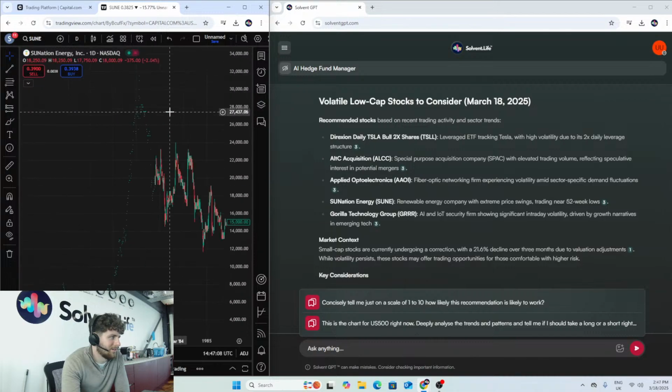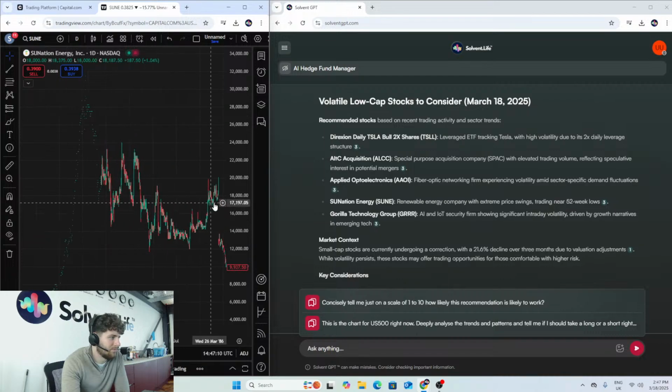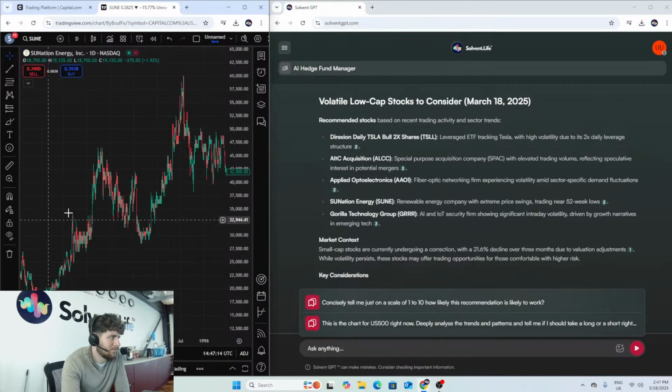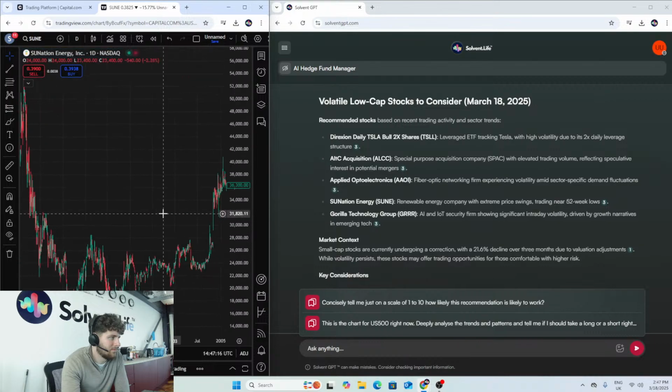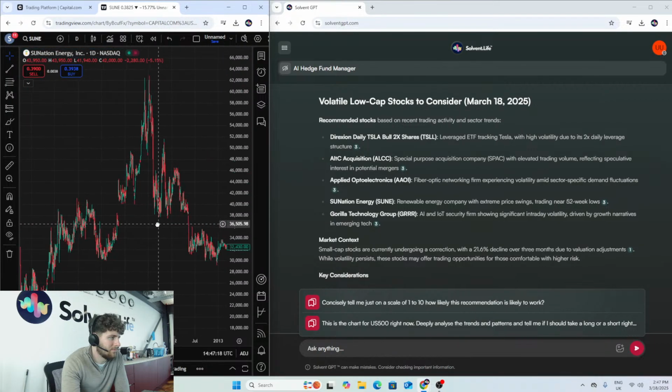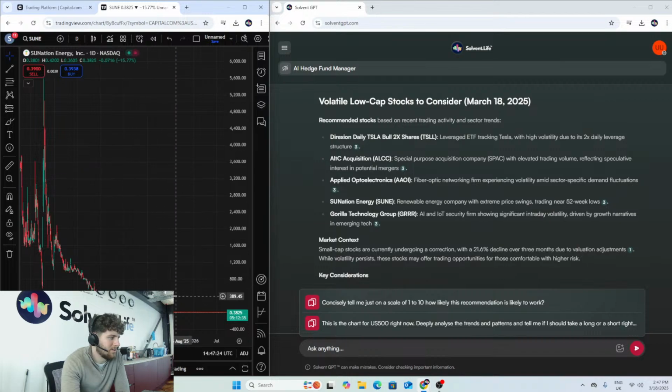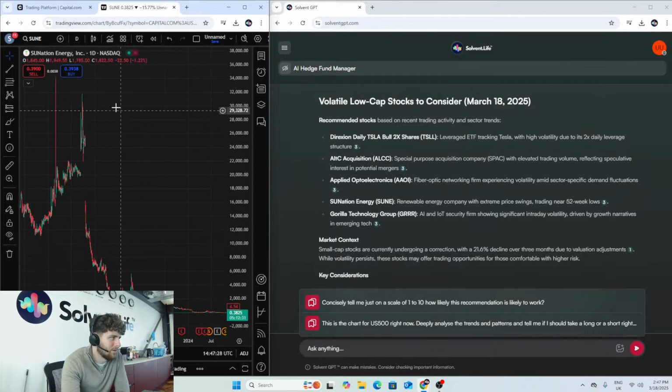Okay, ridiculous volume. Yeah, this is a wild stock indeed. It's currently valued at next to nothing, 38 cents compared to historical valuations.